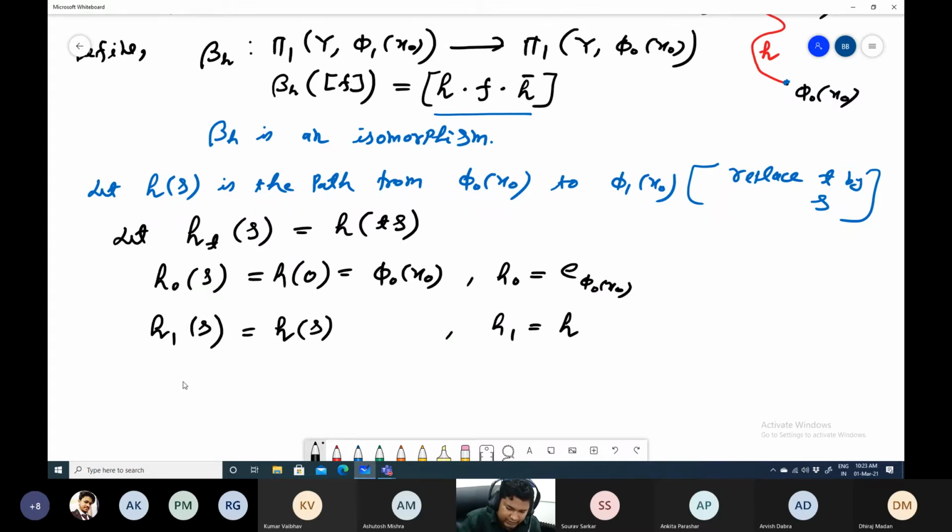Right. Now what can we define now? If we define h t of phi t f, dot h t, this. Okay, now why this is well defined, we have to check first.